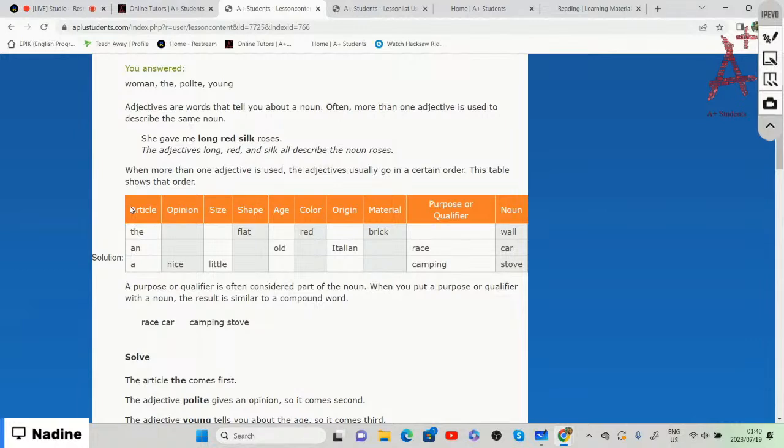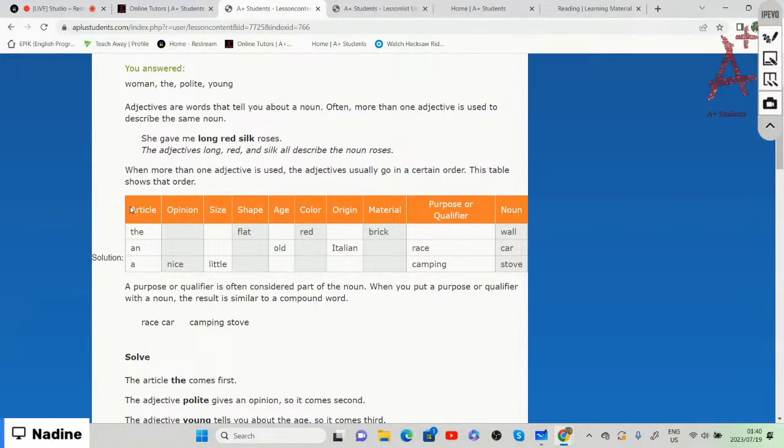And of course, we can have more than one adjective to describe the noun. All right, so here we have: she gave me long red silk roses. The adjectives long, red, and silk all describe the noun, which is the roses, and they also follow the word order, the table that shows the order.